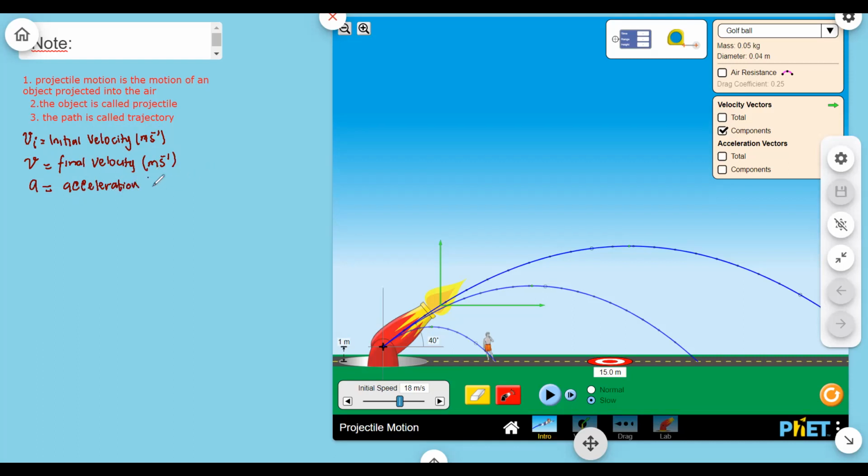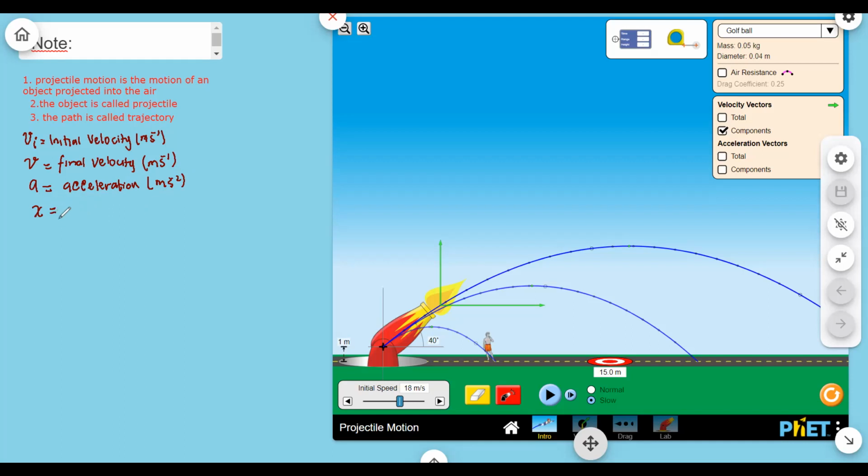The unit is meter second minus 2. And the displacement has two groups.